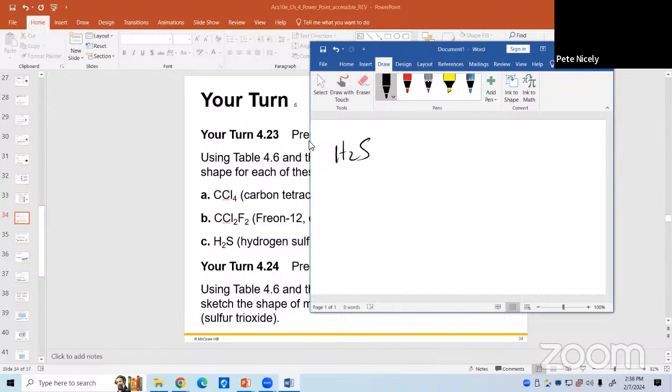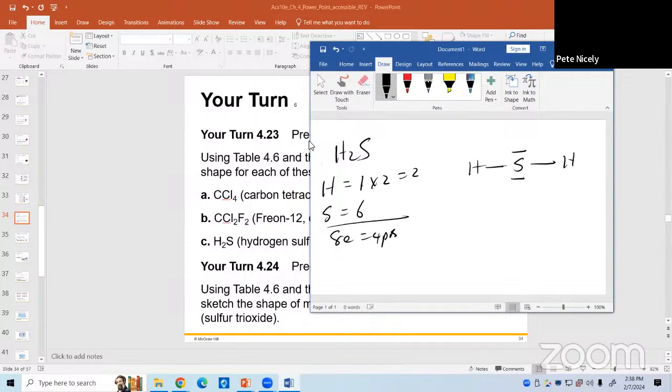So we have hydrogen, which contributes 1 each, multiplied by 2, which gives you 2. And then sulfur, which is in group 6. We add that, we get 8 electrons equal to 4 pairs. We put the sulfur in the middle, surrounded with the hydrogens, and then we put the bonding pairs first. And then we have 2 lone pairs on the sulfur atom.